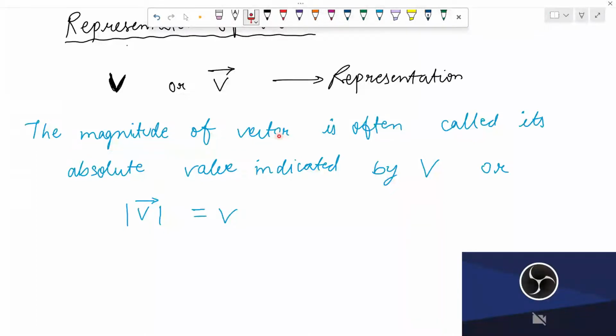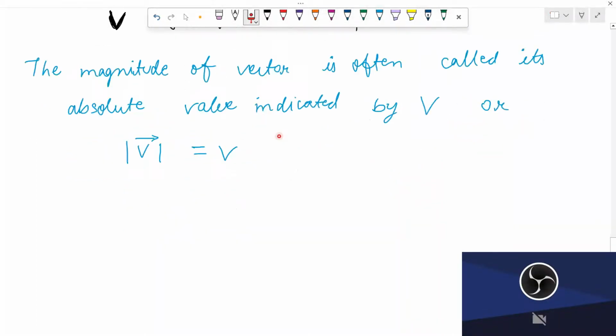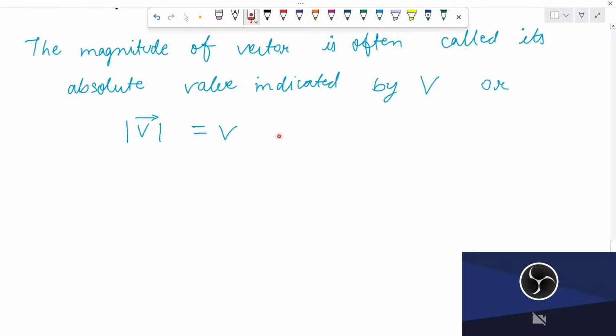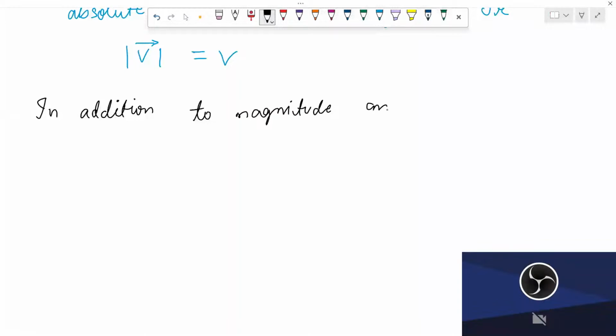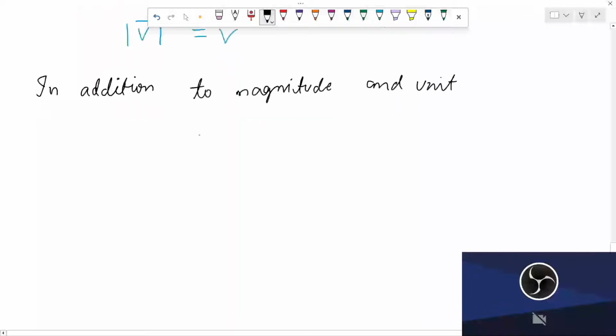Now we'll come to addition: how we will do the addition and what are the different laws of vector addition.